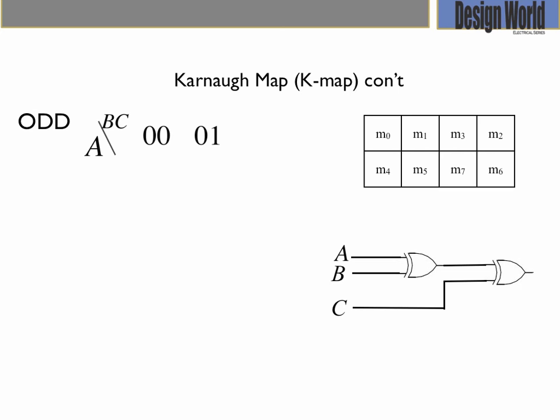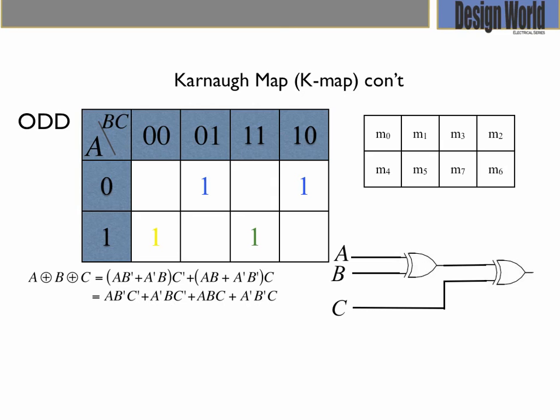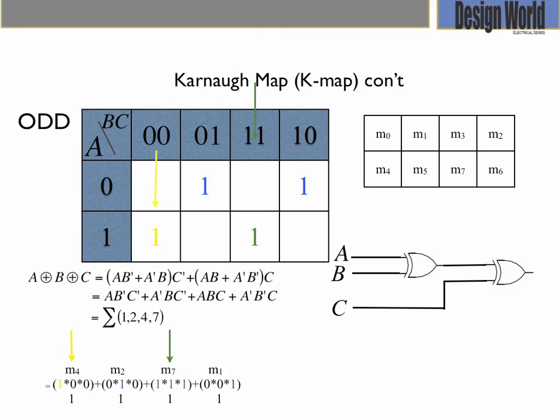This is an example of how to calculate the XOR gate for minterms on an odd function map. The Boolean expression clearly indicates that the three-variable exclusive OR function is equal to 1 if only one variable is equal to 1, if all three variables are equal to 1, or if an odd number of variables are equal to 1.